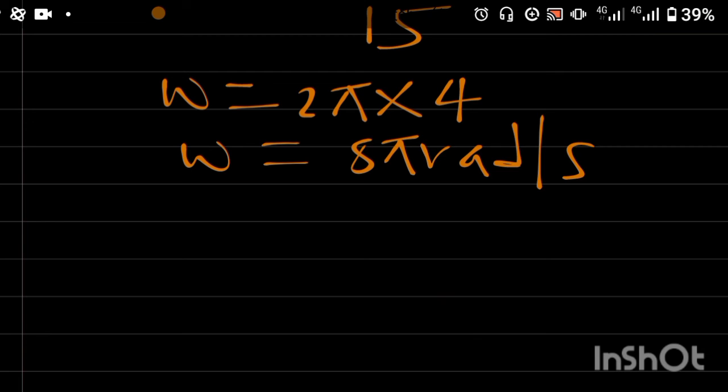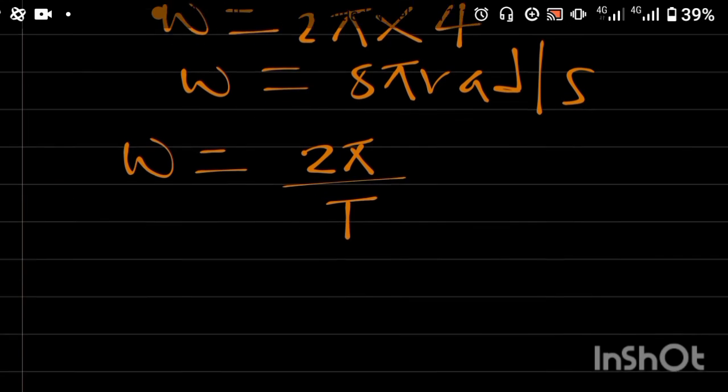But don't forget the definition of a period. Period is actually what? The time taken to complete one revolution. So you can use this formula: omega is equal to 2 pi over T. 2 pi is 1 revolution, so the time taken to complete 1 revolution.